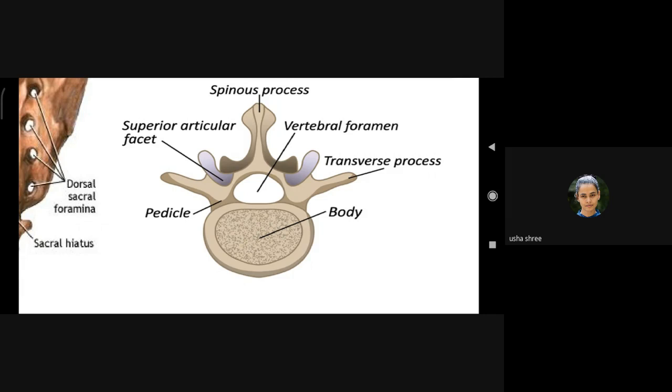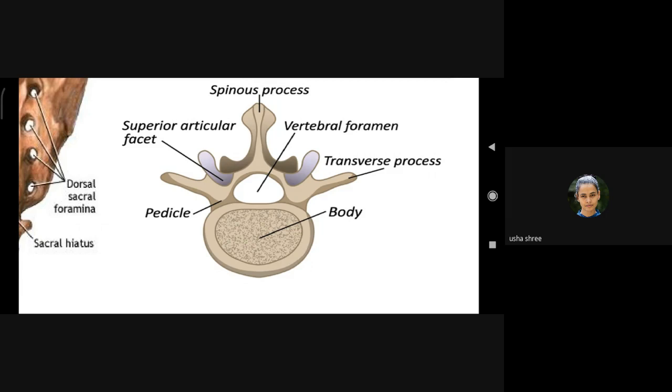This body is at the abdominal side, the frontal side of the spinal column, and the spinal process is pointing upward in the slide.